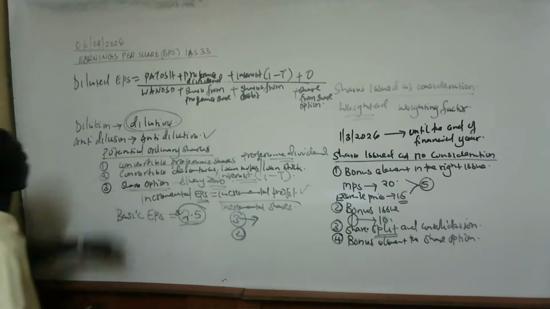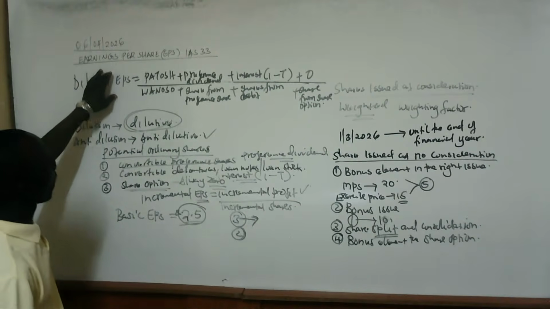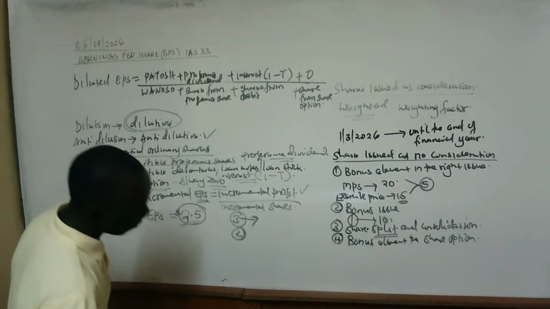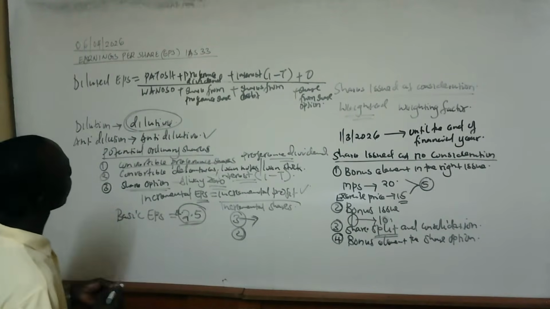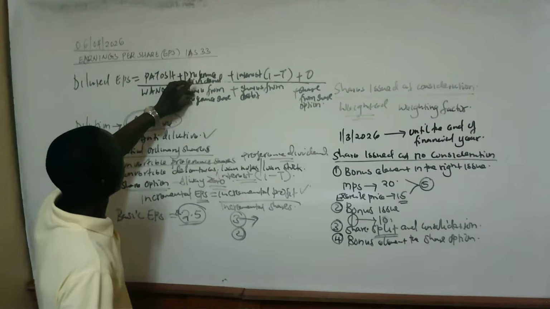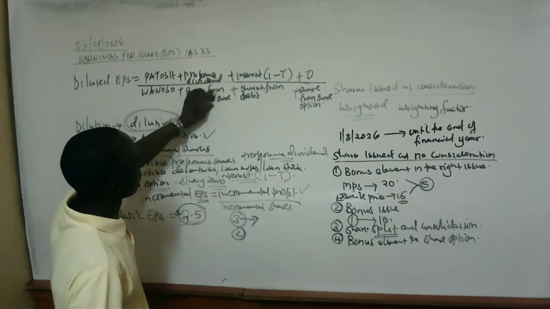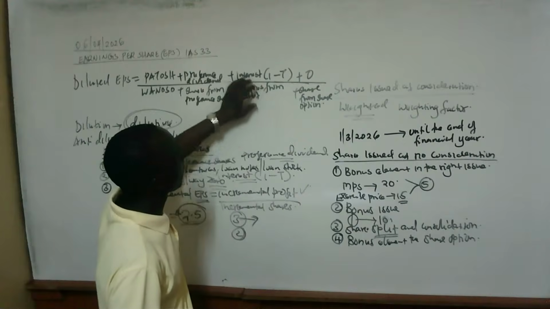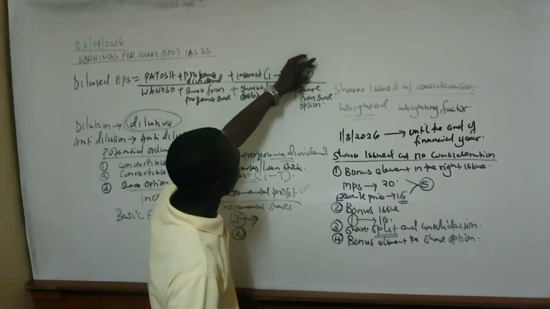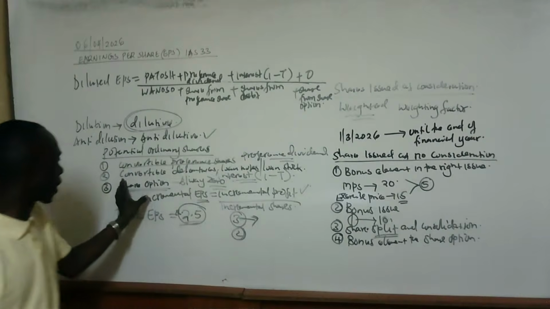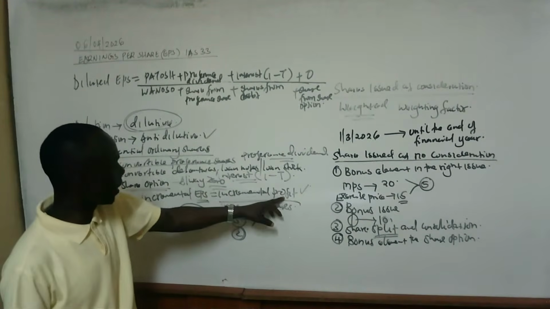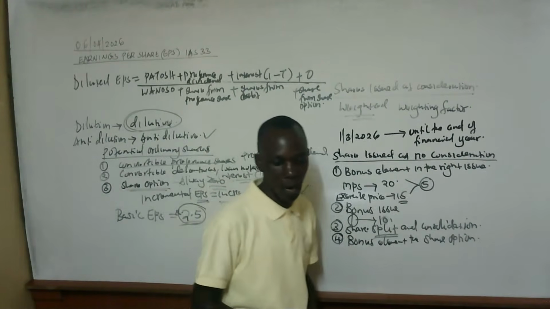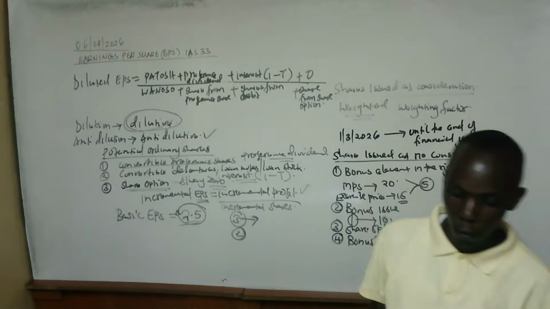That's why, if you look at our diluted EPS formula, we have the profit attributable to ordinary shareholders, then you divide by the weighted average number of ordinary shares, plus the preference dividend divided by the shares from the convertible preference shares, then the interest times 1 minus T divided by the shares from the debt, then zero, meaning that for the share option the incremental profit is 0, divided by the shares from the share option.